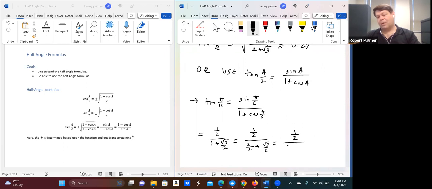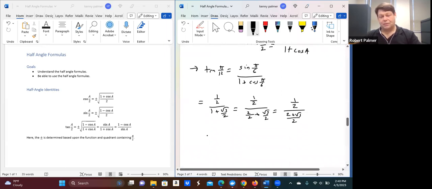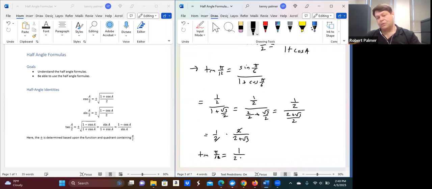So 1/2 over 2 plus the square root of 3 over 2. Multiply by the reciprocal of this. And so we have 1/2 times 2 over 2 plus the square root of 3. 2's cancel out. And so we get that the tangent of pi over 12 is equal to 1 over 2 plus the square root of 3.